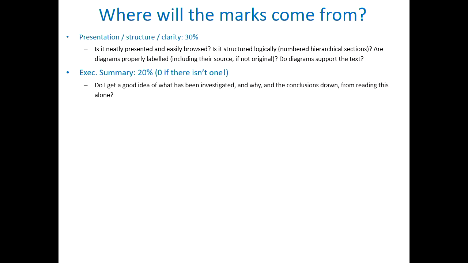There needs to be an executive summary, and we're going to talk about what an executive summary actually is. The idea of an executive summary is that it's a summary version of the whole report, but not an abstract. It's a very important distinction, but we'll talk about that in a moment.